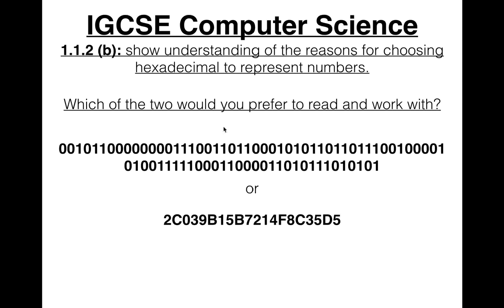This only has 2 values, zeros or ones, so it can be really confusing and really hard to work with, really hard to find errors, for example. Whereas here, it's much easier because it's just 1 digit per 4 digits here.